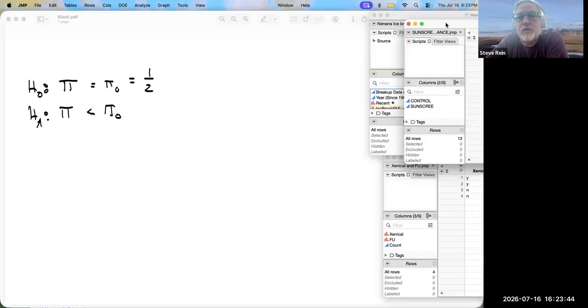And I'm willing to believe that the rate of heads is lower as long as I have evidence to convince me of that. So in n equals 100 trials, if I get x equals 34 heads, I guess my rate of heads, p hat, is 34 of 100 or 0.34.